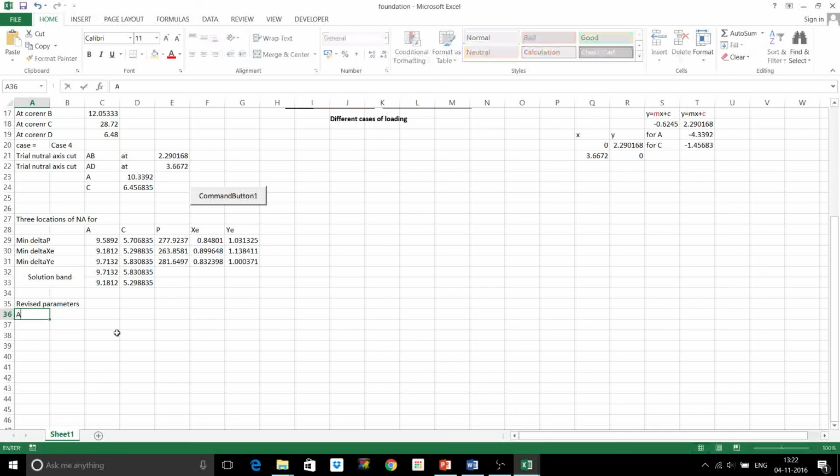So here A, C, P, XE, YE, effective area, then neutral axis cuts. Okay, I will do it.